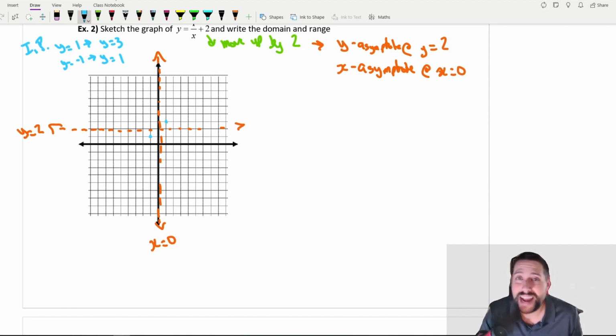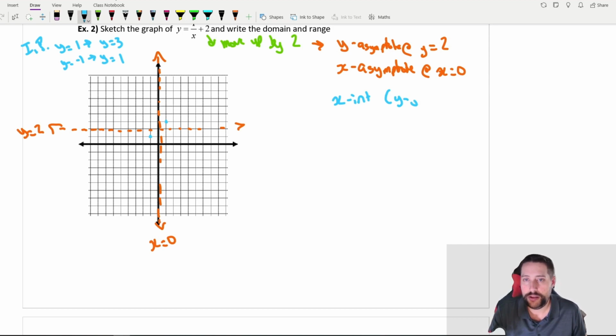We can also find our x-intercept. Because our horizontal asymptote moved up, we can now find our x-intercept. So let's set y to 0. With this, it's going to be 0 is equal to 1 over x plus 2.